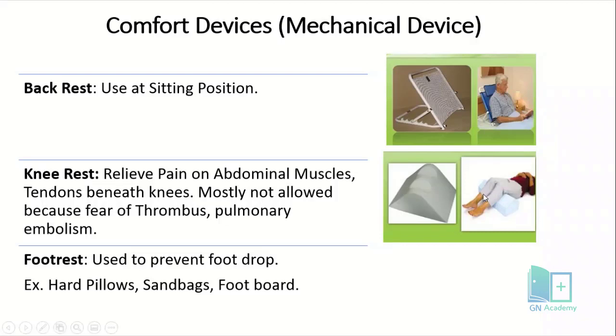Here the knee rest device can comfort the abdominal muscles, and it helps to relieve the pain from the abdominal muscles, especially during operations in this area, and to relieve the pain from the tendon beneath the knees.